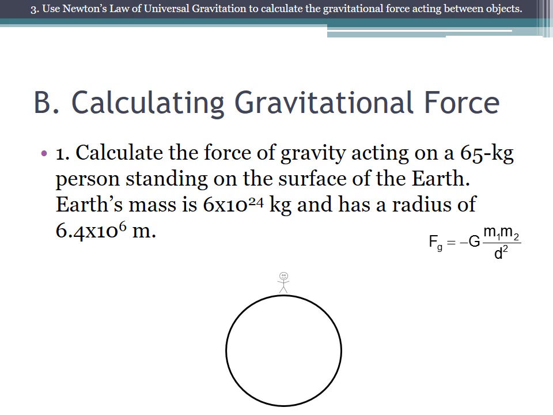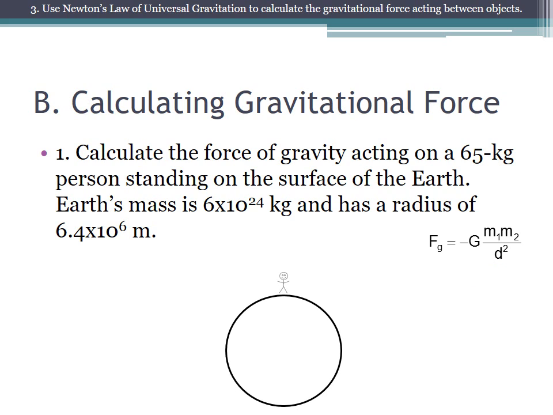That's okay. Well, the reason we need to know the radius of the Earth is that in this equation for calculating the force of gravity, this d is the distance between the objects. You might say, well, it's 0. The person is standing on the Earth. There's no distance between them. Well, that distance actually refers to the distance between the centers of mass of the two objects, or basically the middle of the two objects.